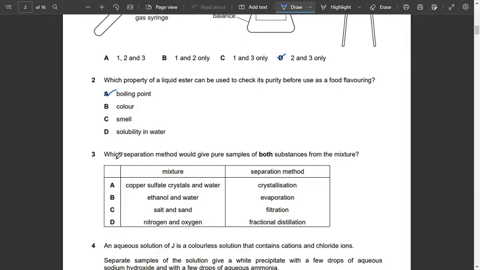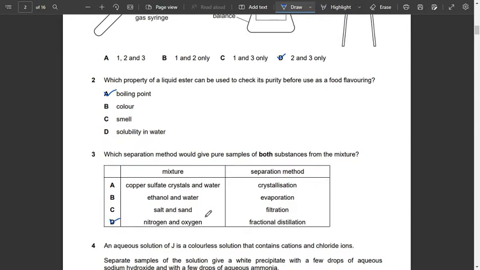This is very apparent because we need both substances in pure form. So we need to use a method in which nothing is lost in the air. If we see here, fractional distillation and nitrogen and oxygen is the best option. The others are not the right option.